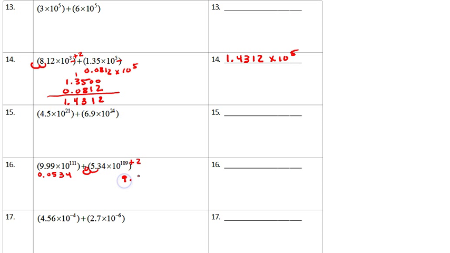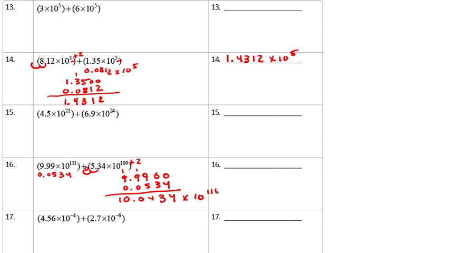So 9.99 times 0.0534. 3, that gives me 14, carry my 1, gives me 0, carry my 1, and I get 10. So now I have this decimal times 10 to the 11th.